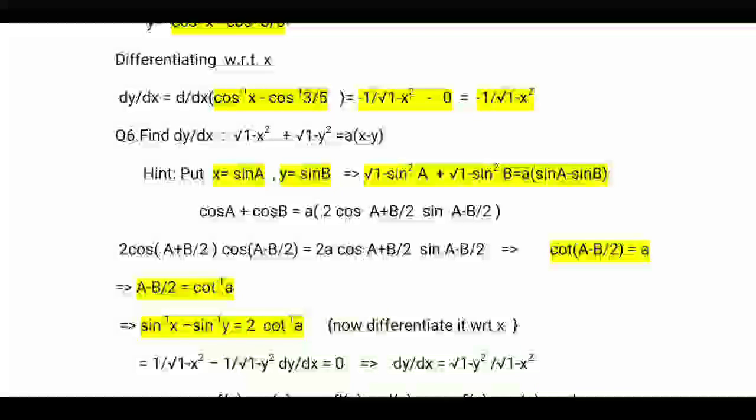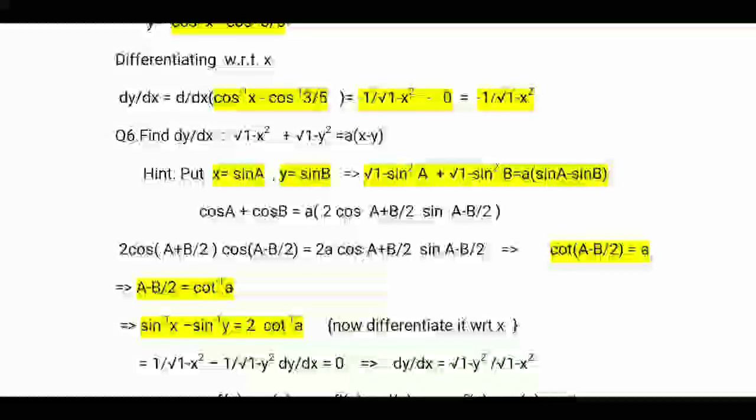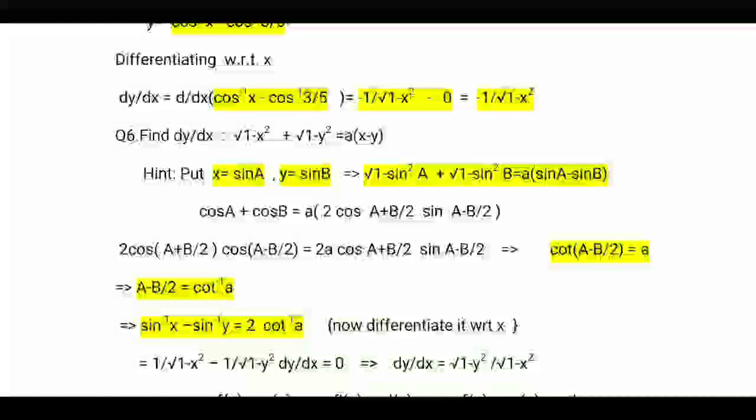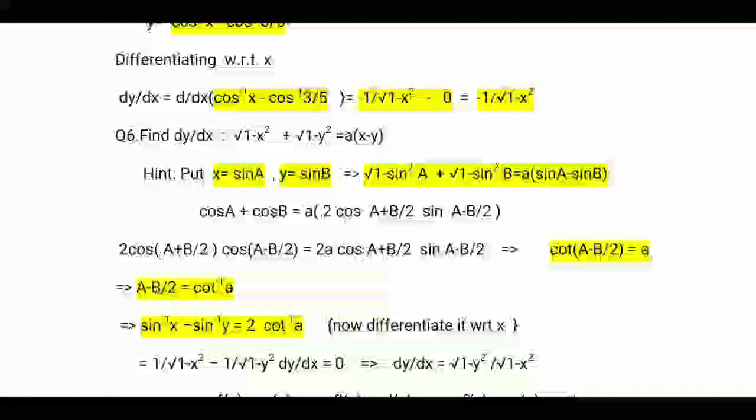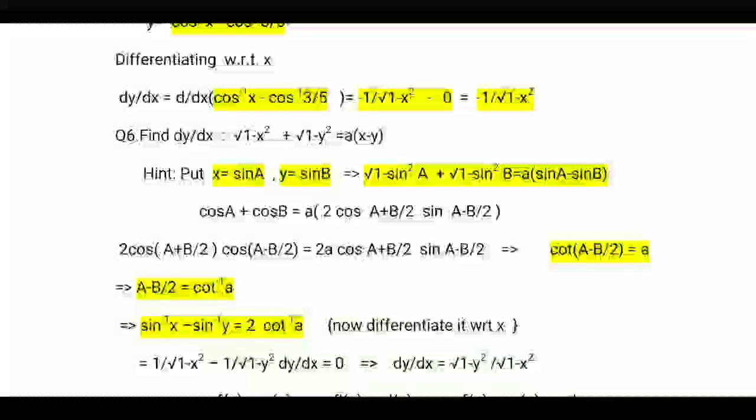And on the left hand side again you put the formula for cos A plus cos B, that is equal to 2 cos (A plus B) by 2 into cos (A minus B) by 2, that is equal to 2a cos (A plus B) by 2 sin (A minus B) by 2. Cancel out cos (A plus B) by 2 and dividing it by sin (A minus B) by 2, you get cot (A minus B) by 2 is equal to a.